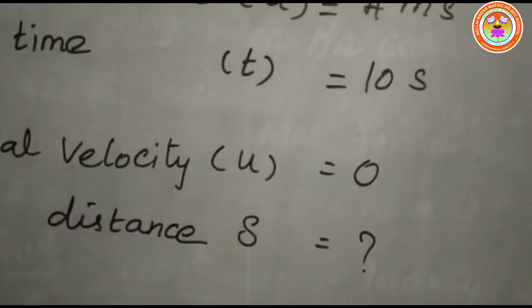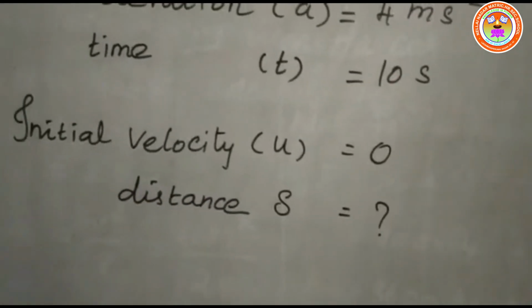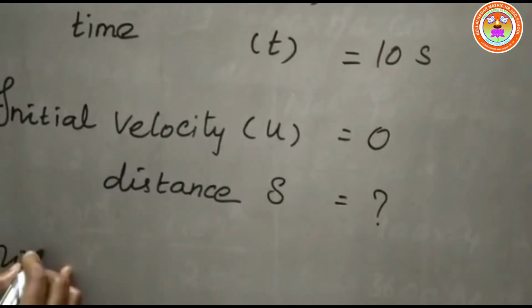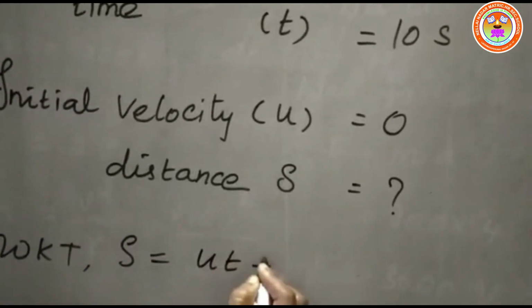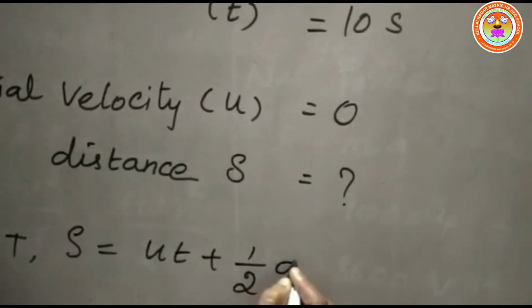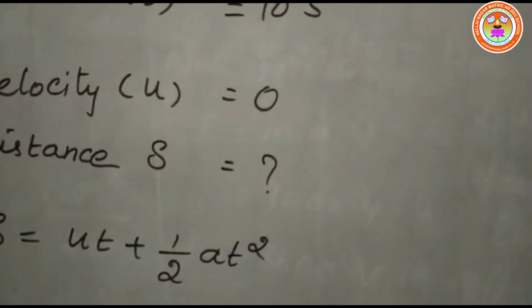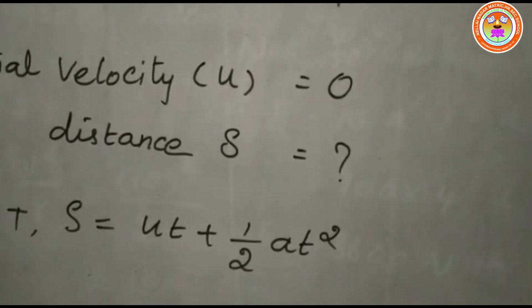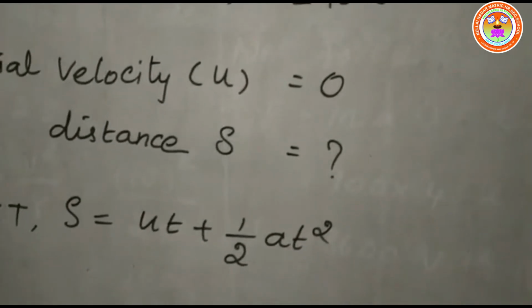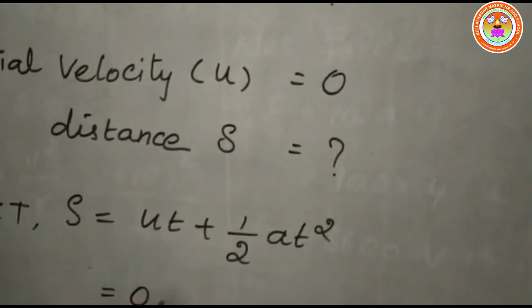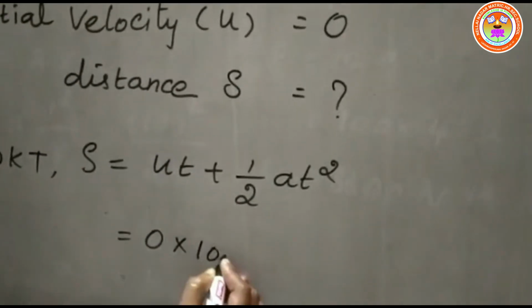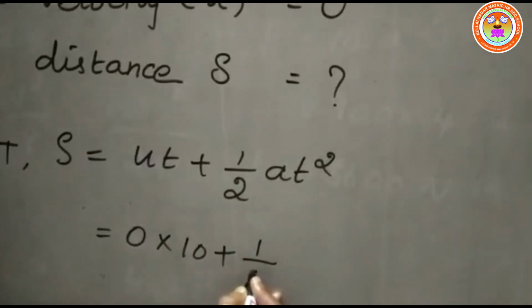Okay. So we have to use the equations of motion. Already we know the second equation: s equal to ut plus half at square. This formula only we are going to use. Now we substitute the known values. u is 0 and t is 10 seconds, plus half into a.